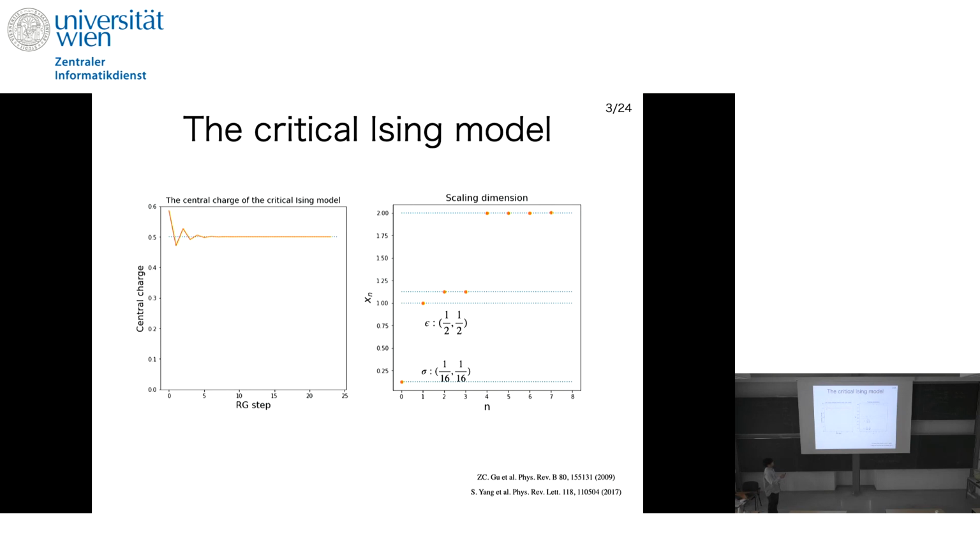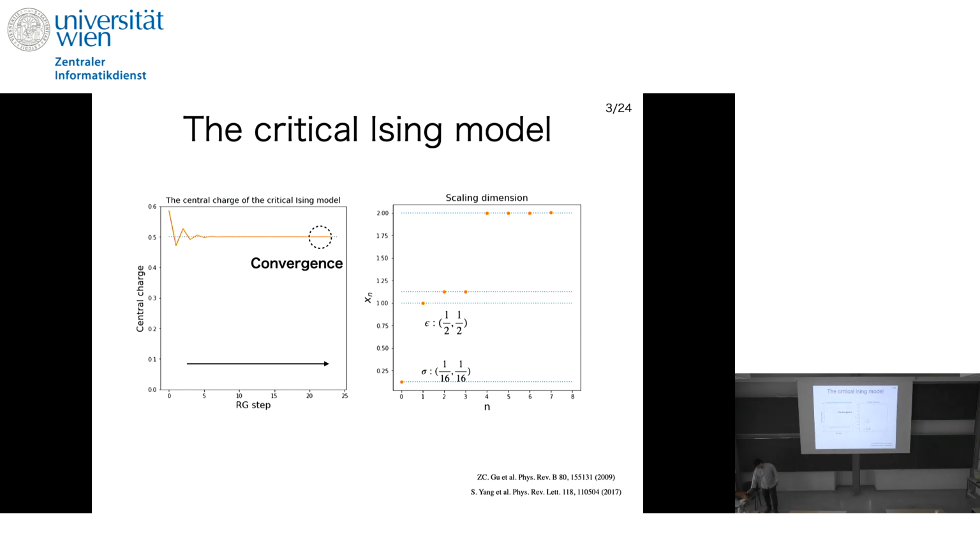For example, if you calculate the central charge after a certain RG step, you indeed see the convergence. And from this fixed point tensor, you calculate the scaling dimensions of the Ising model CFT. The good advantage of TNR here is that you can get not only high precision for low-lying energy, but also great precision for the high energy part.